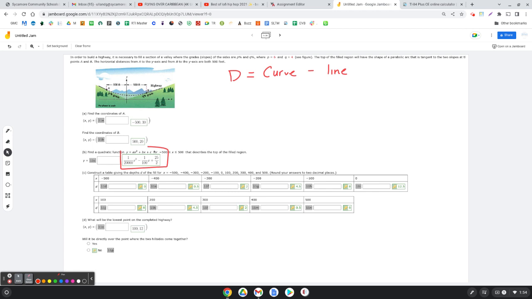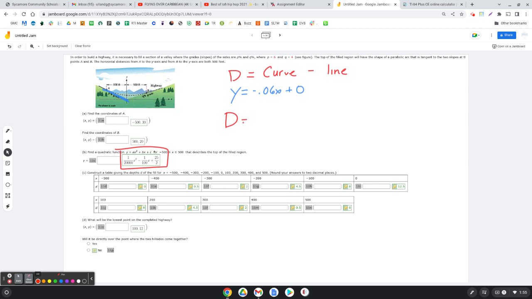This is the curve. Now the line, this line right here, has a y-intercept of 0 and a slope of negative 0.06. So this is y equals negative 0.06x plus 0. Okay. So D, I typed this in my calculator wrong. I didn't read carefully.